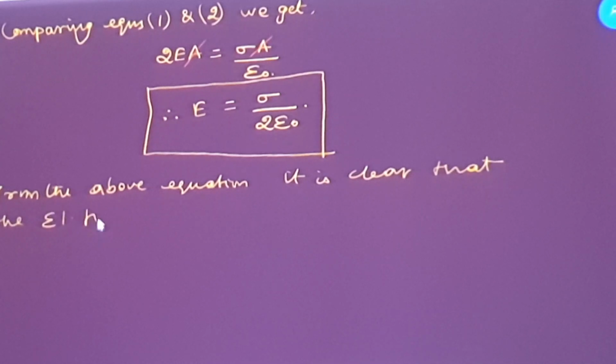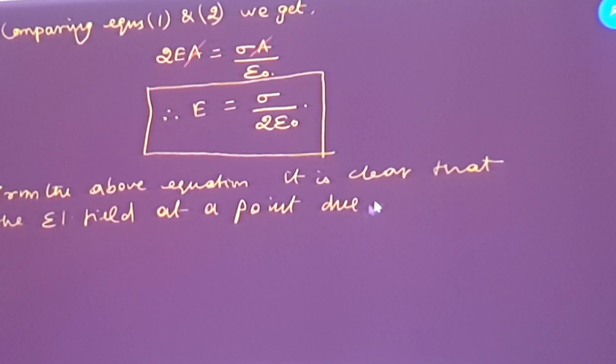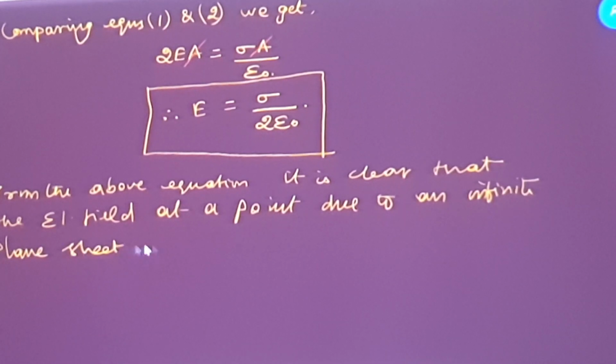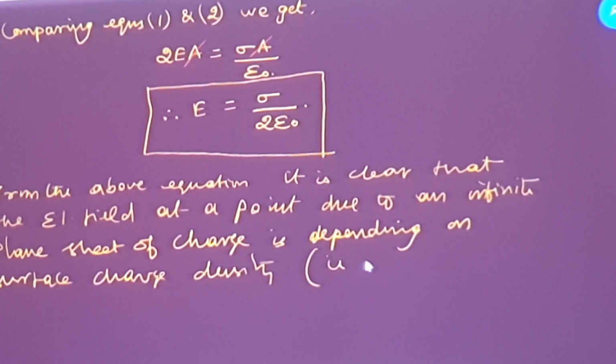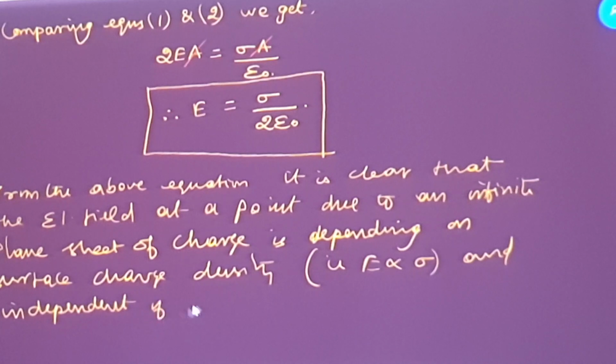the electrical field at a point due to an infinite plane sheet of charge is depending on surface charge density, that is, E is proportional to sigma, and also independent of distance.